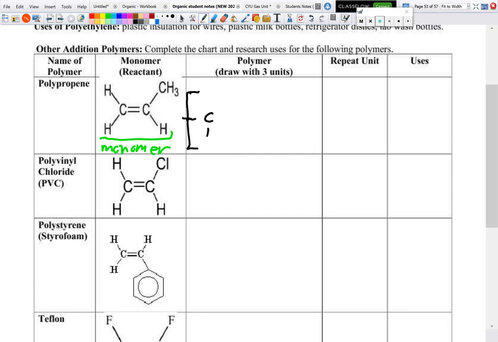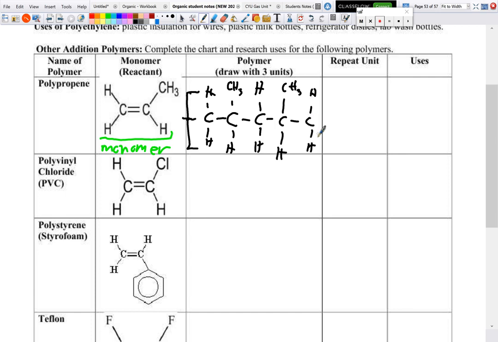So if this undergoes an addition polymerization, we're going to start with our monomer, so we got CH2. Then remember we lose the double bond, so I'm just going to draw a single bond here, and then we got CH3 and then H. So this is one unit. So we're going to draw this repeating 3 times, so then we just repeat. So we got CH2, C with the methyl group up here, and then H. So that's 2 units.